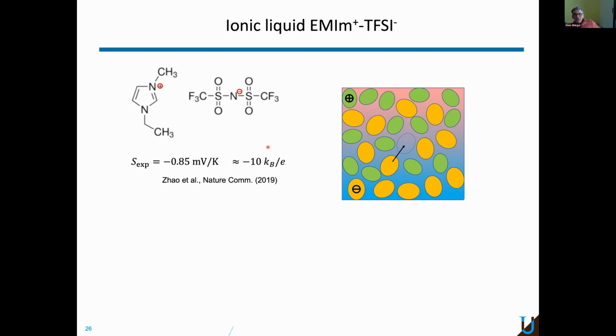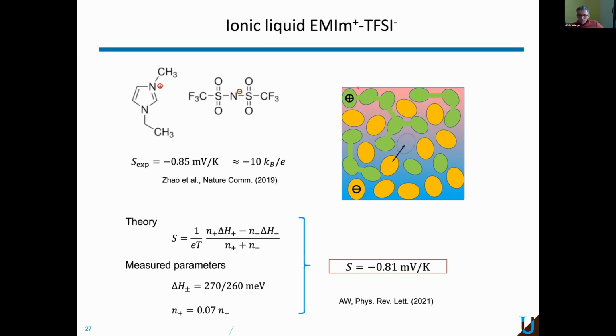This is a nice thing, because for this system, as I said, everything has been measured, so it's easy to do. This is the theoretical formula I have shown you before, and here the charge carrier concentrations and the enthalpies are measured. The enthalpies are 270 and 260 electron volts for cations and anions.